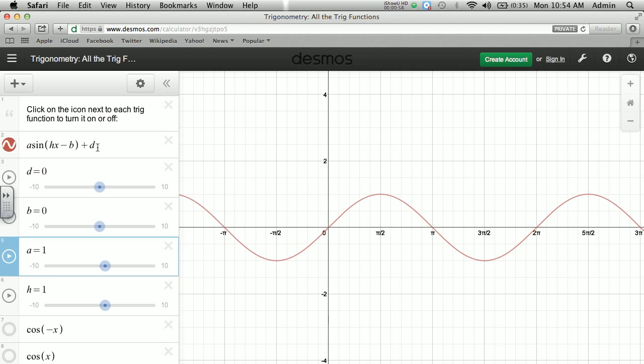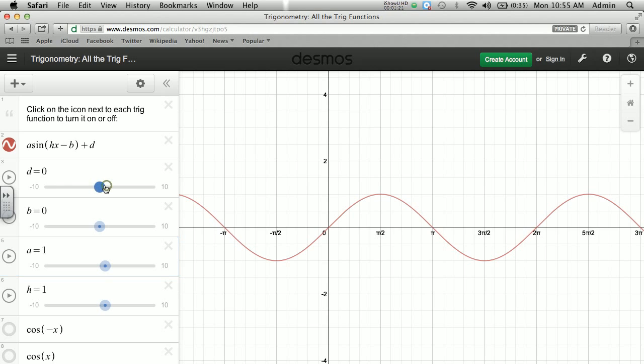D is over here at the end. It's a plus d. So this controls what's called a vertical shift. It's like you take your sine, whatever your sine is, and then you add a number to it. If you add a number or subtract a number, it's like everything is either moving up or everything is moving down by that much.